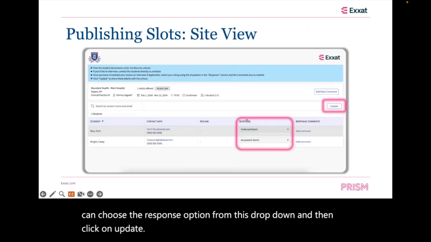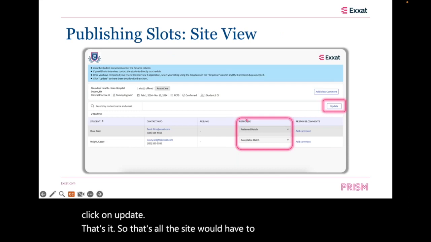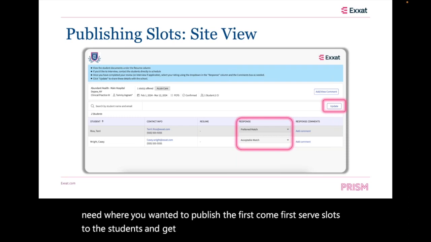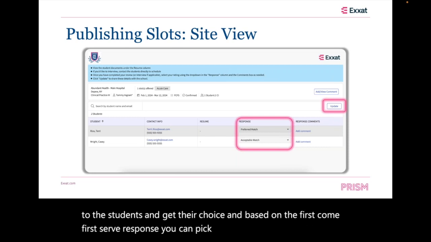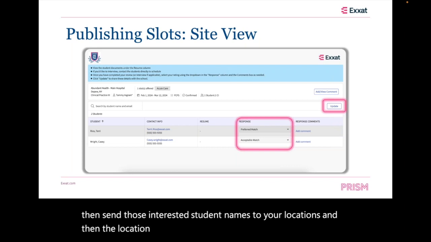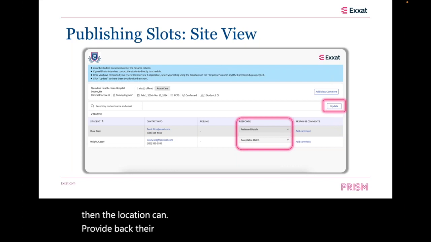That's it. So that's all the site would have to do. If you need to publish the first come first serve slots to the students and get their choice, based on the first come first serve response, you can pick and choose the students and then send those interested student names to your locations, and then the location can provide back their response, like whether they want to take a particular student or not.